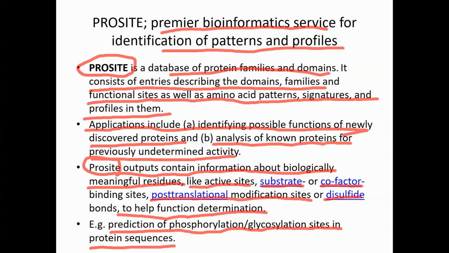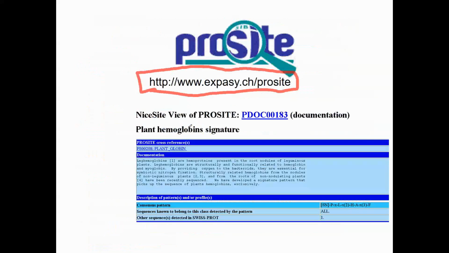You see that this is a consensus pattern which is present in this particular example. This is an example of a pattern which is present in this sequence, which was submitted for analysis.